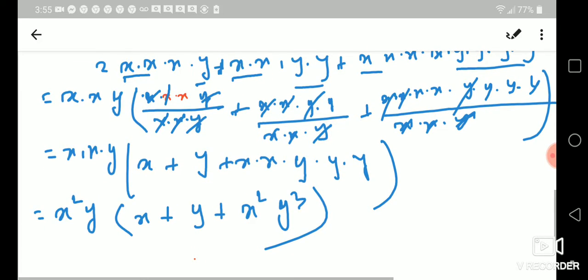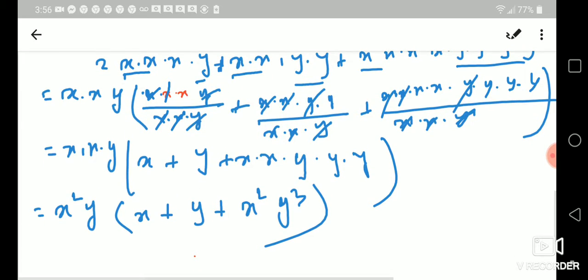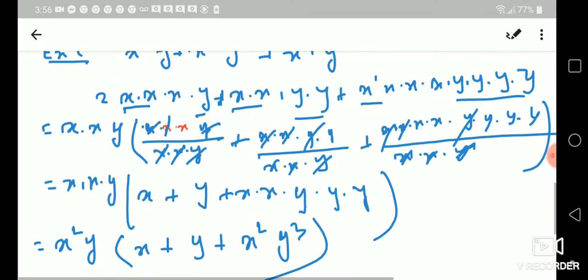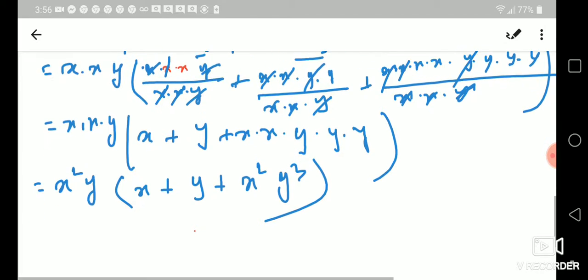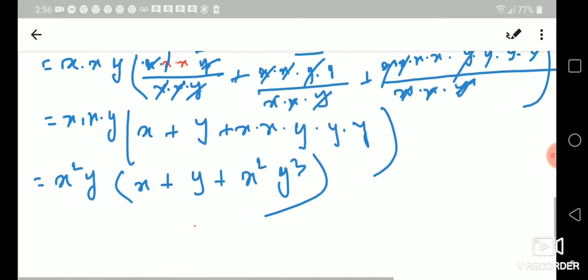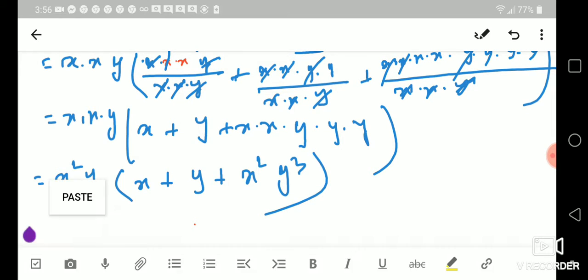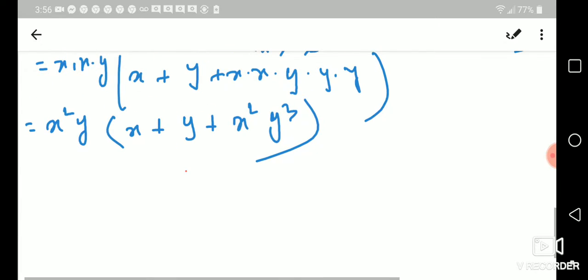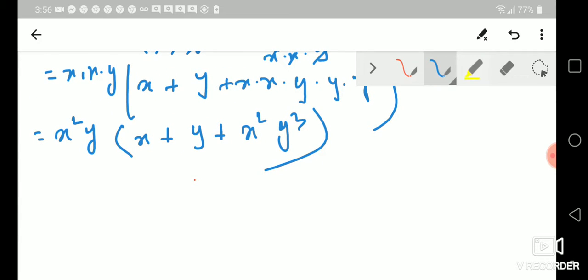X square, so x square y times x2 y2, then it's just y. Now if we expand it again, we will get the same thing we started from. So I'm going to get x3y plus x2y plus x4 y3.